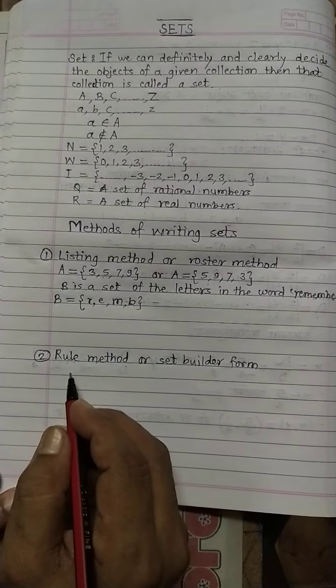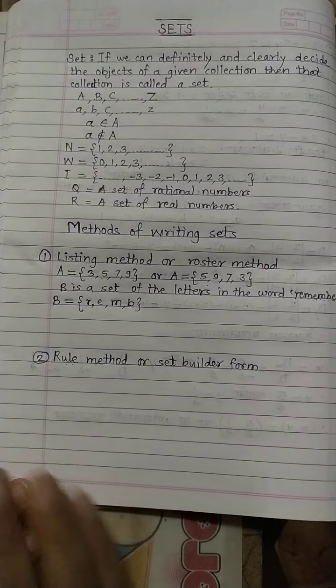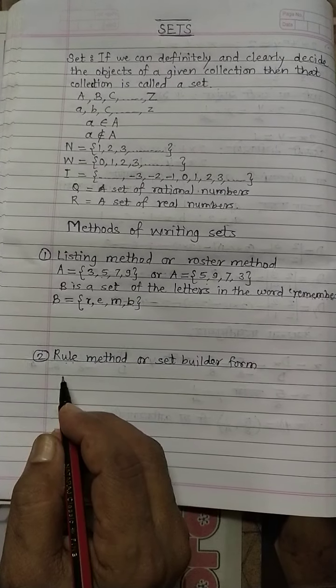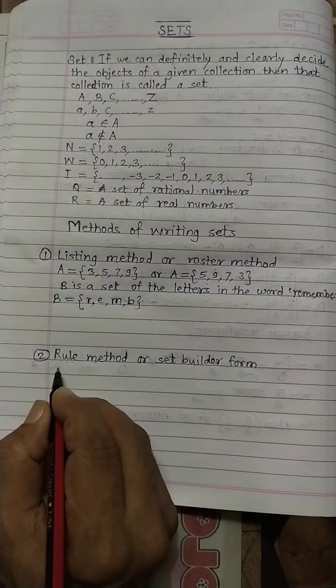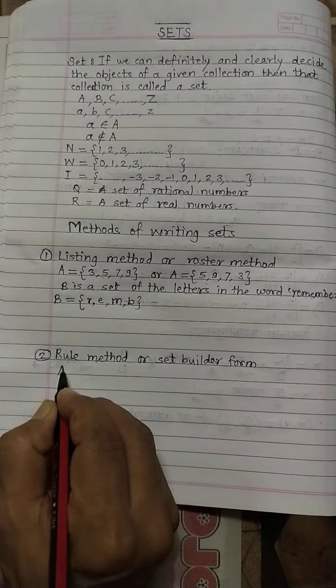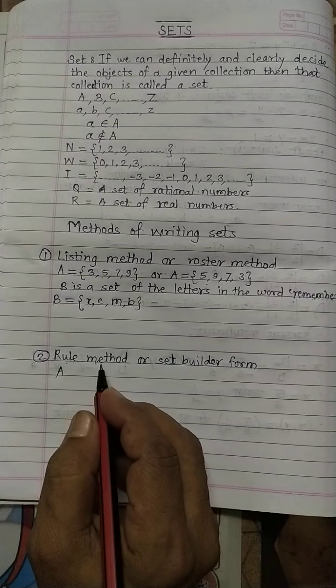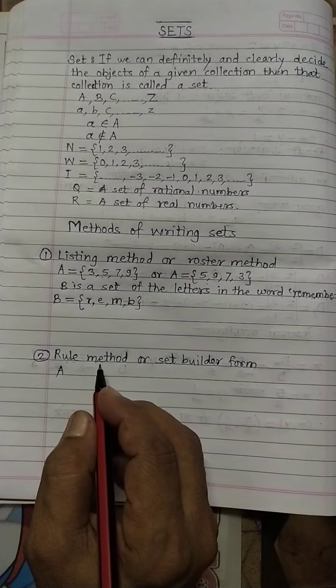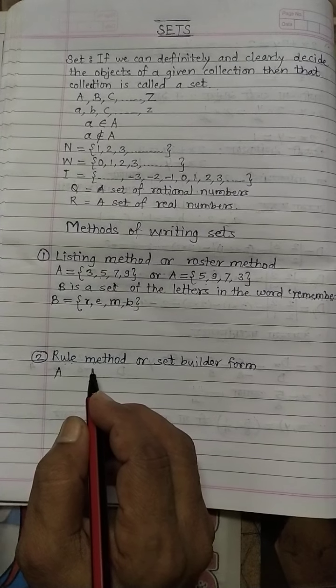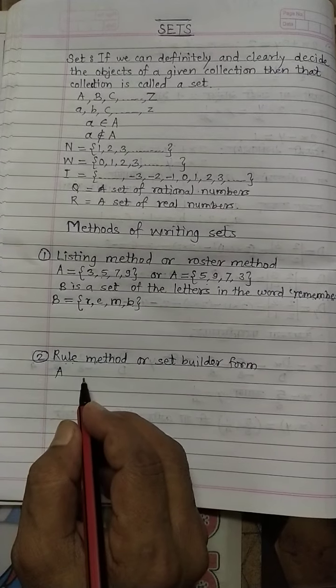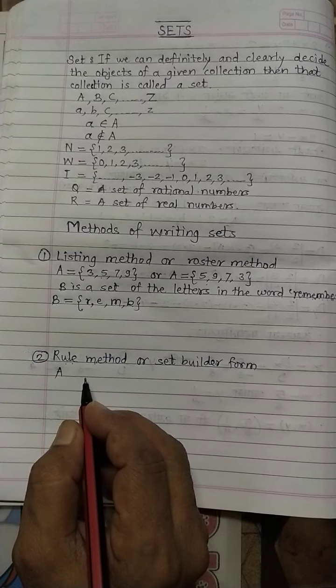Let us see an example. Suppose A is a set of natural numbers between 1 and 10. How can we write this set in a rule method?